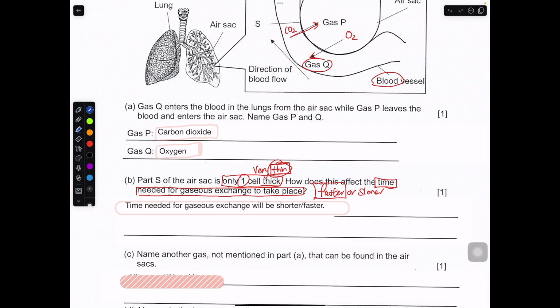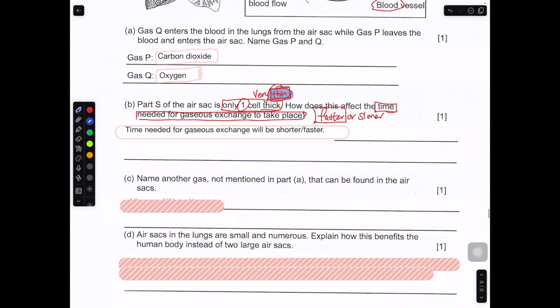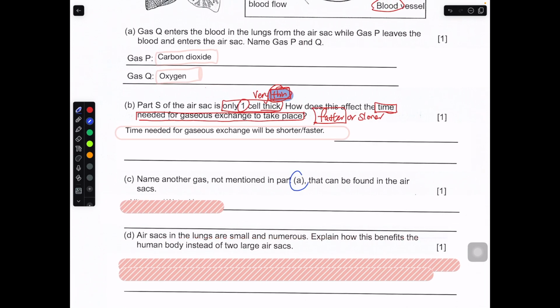Let me highlight this part. So it can enter into the bloodstream very easily. Name another gas not mentioned in A that can be found in the air sac. So it cannot be carbon dioxide, it cannot be oxygen. So you probably know that when you breathe in air, it consists of 4 main gases, and sometimes it will include in your MCQ.